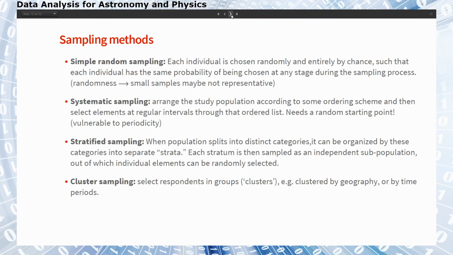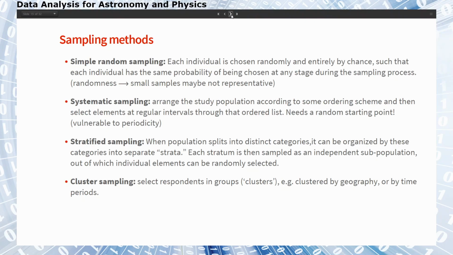You can also do stratified sampling, which means that you split your population into certain categories and then sample from these categories individually to make sure that every category is represented in your samples. Of course, you have to make sure that the numbers that you draw from each category is representative to the relative occurrences of these categories in the population.